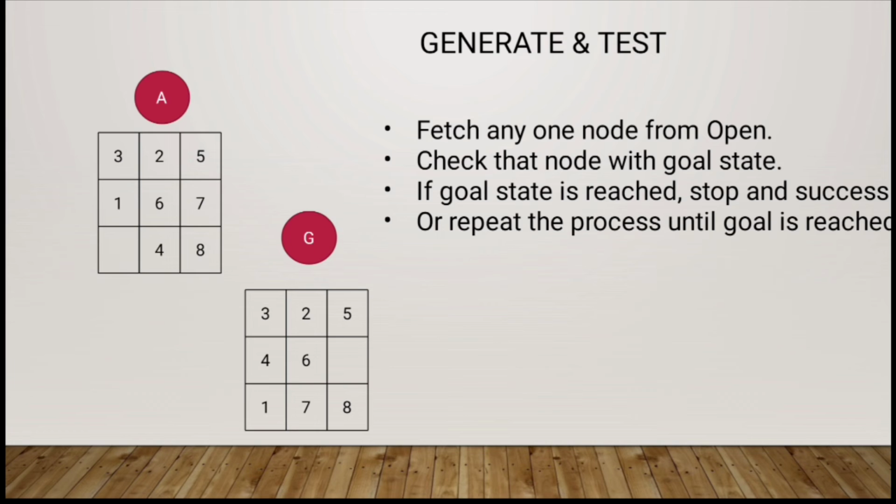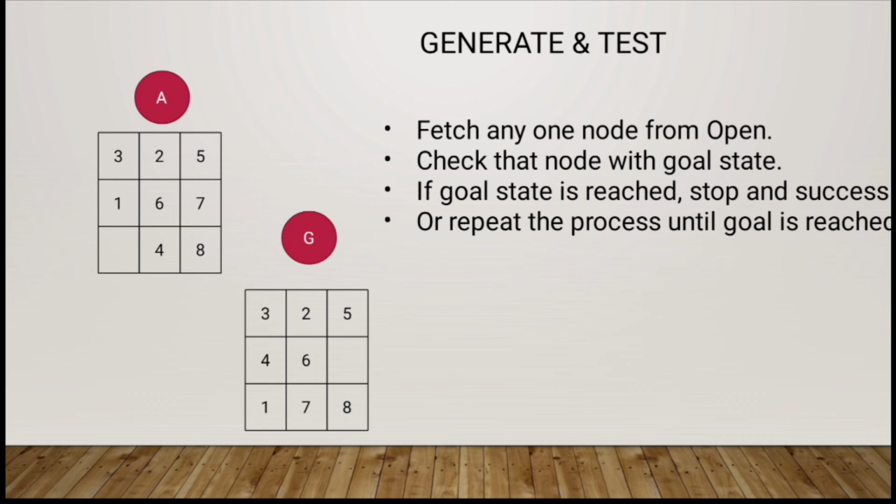Now I'm going to fetch A. Since S failed, I'm going to fetch A, B, C in the open list one by one, and check A with the goal test. If A happens to be the goal, then I will stop the algorithm there and print that I have reached the goal.